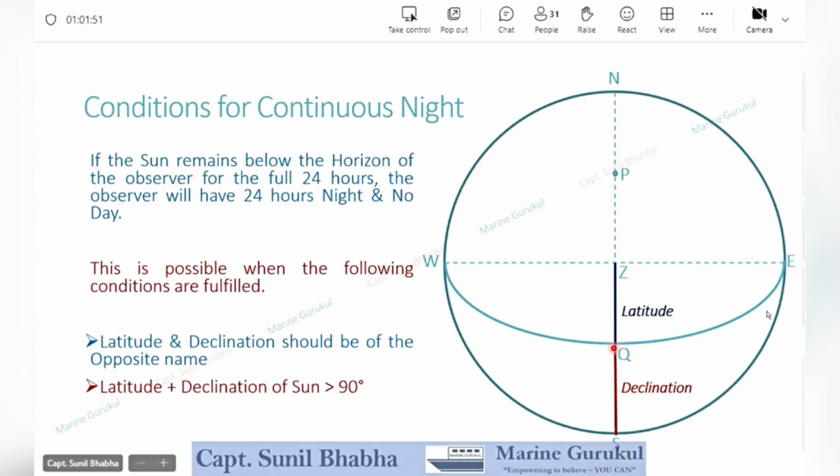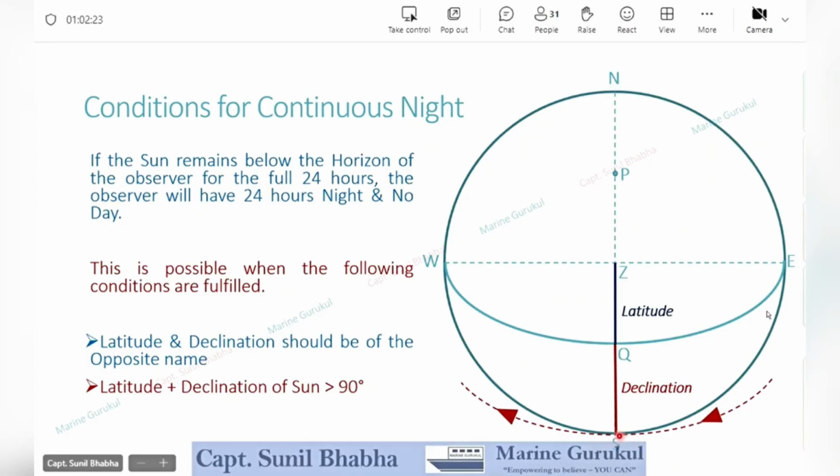In this case, the declination circle of the sun, you can see this dotted line showing the declination circle of the sun, will remain below the observer's horizon, making it a 24 hours night. There will be no sunrise, the sun is not going to come above the horizon of the observer, and there will be no daylight.